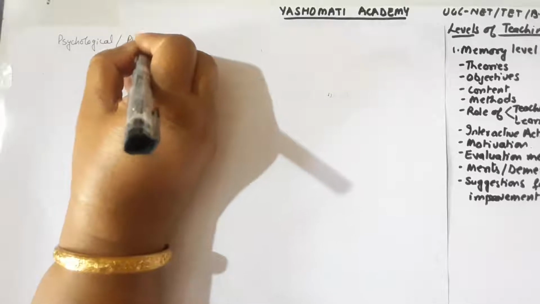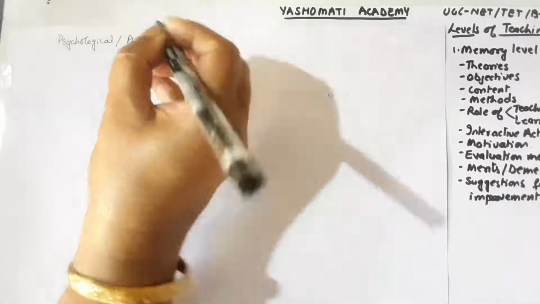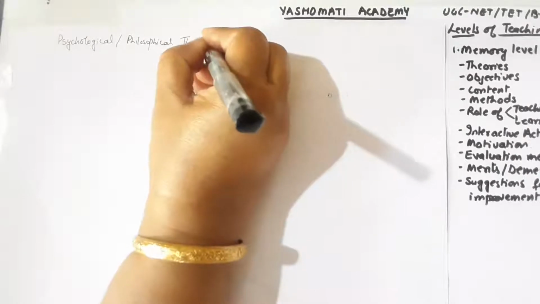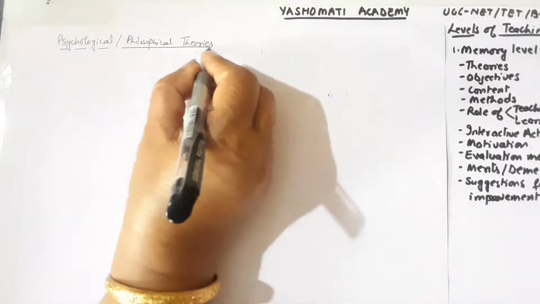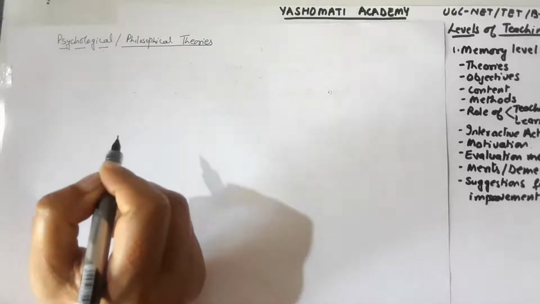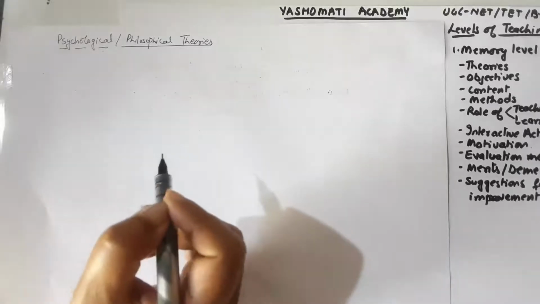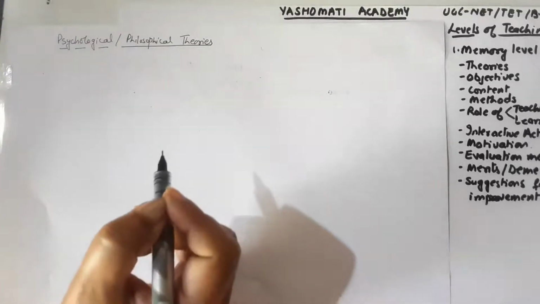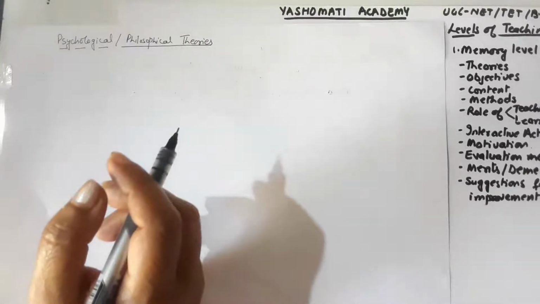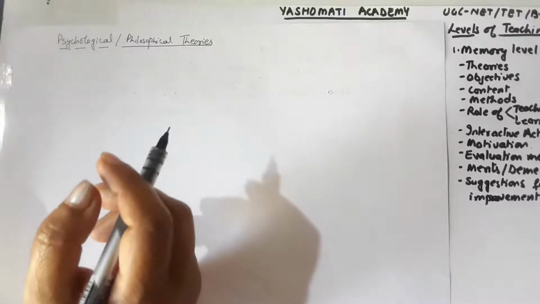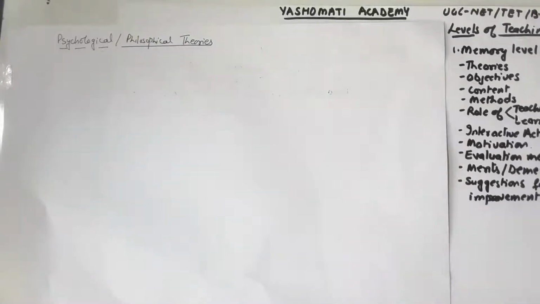We have studied that there are numerous theories which have been proposed by different psychologists, educationists, philosophers, and all these theories can be divided into four main categories so that we can study them easily. And as far as memory level of teaching is concerned, it is based mainly on the theories of behaviorism.